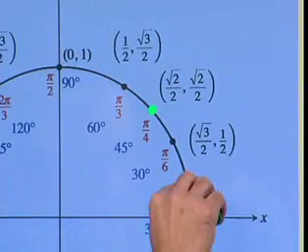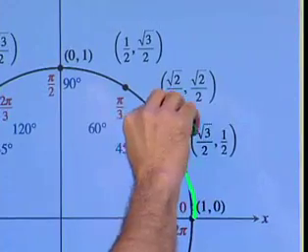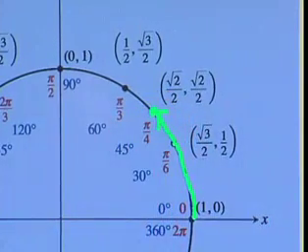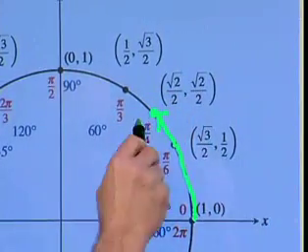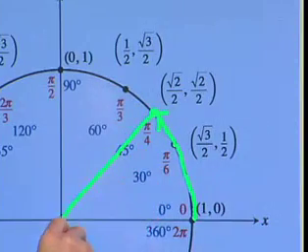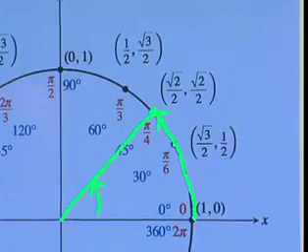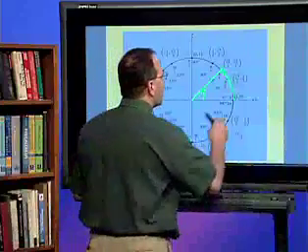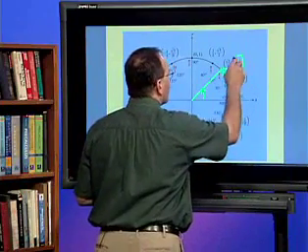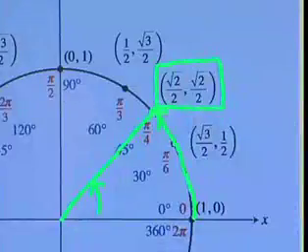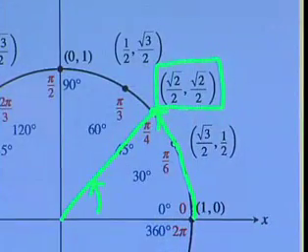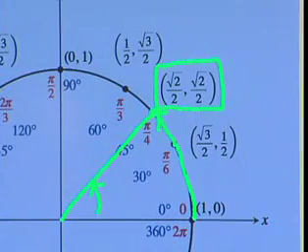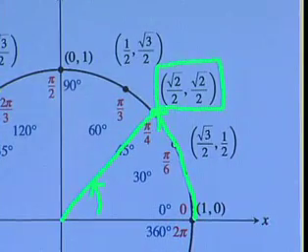It means that the length along here is pi over 4. And as you know, that also means that the angle inside here is pi over 4, or as you saw, 45 degrees. And in that case, on the unit circle, we have the point x comma y, which is the square root of 2 over 2, comma, the square root of 2 over 2.